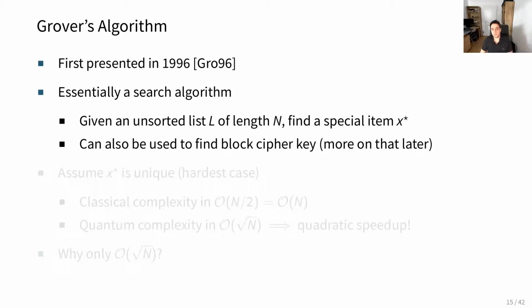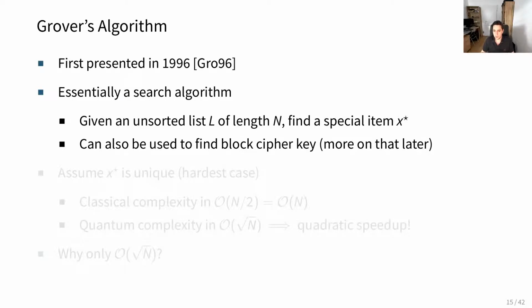Okay, so first a bit of background here. It was first presented in 1996, so it's not so new, and it's essentially a search algorithm. Given some unsorted list of length n, we try to find a special item x star.